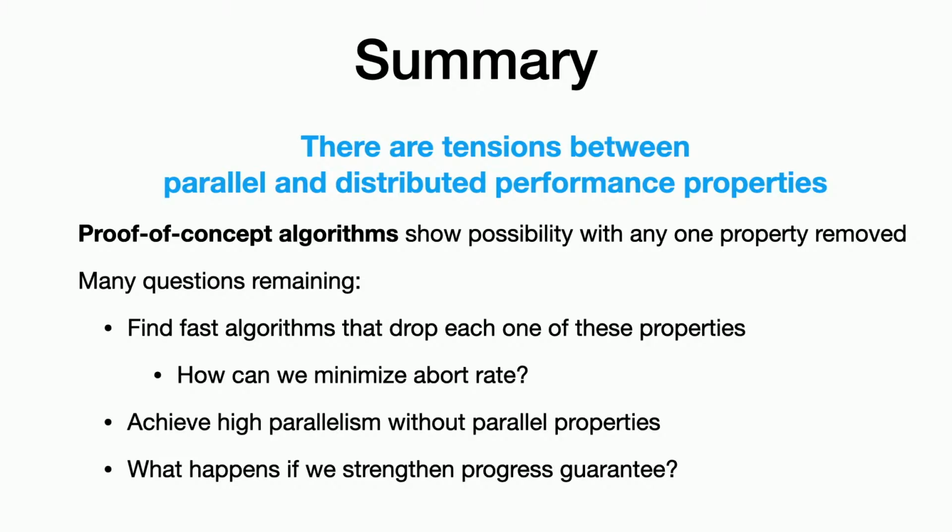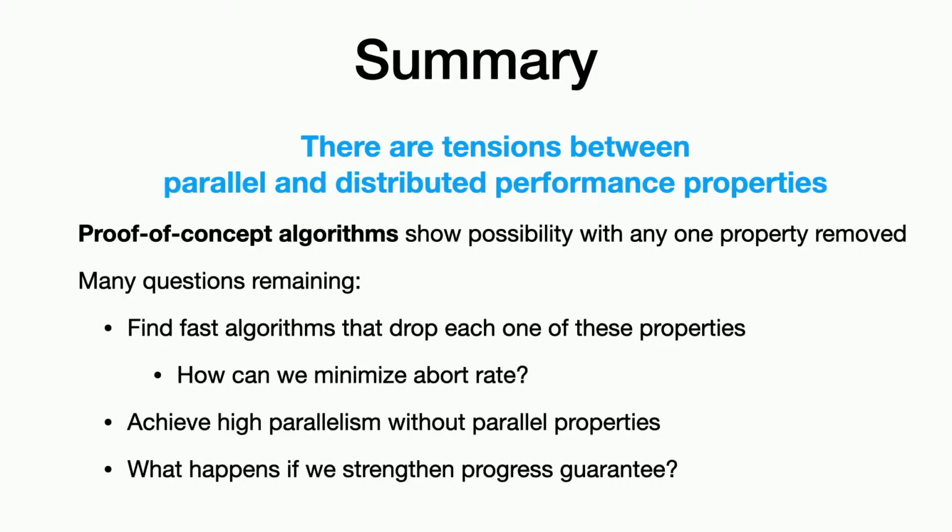Our progress guarantee just said that if you're executing alone in the system, you're not allowed to abort. That was the property that just prevented trivial abort-everything solutions. But we didn't look at what happens if we want to guarantee stronger properties, which relates to minimizing abort rate, but formalizes it a bit more. And we have no answers on that.